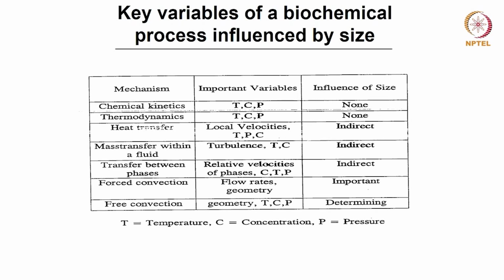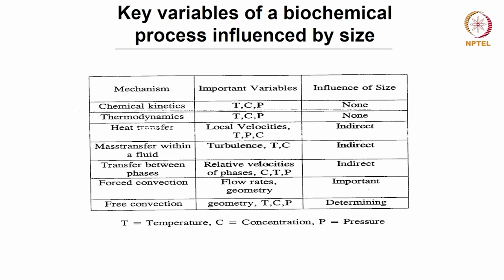They are more influenced by other physical parameters like temperature, concentration of the components, pressure, then heat transfer. This may be indirectly related to the size. Mass transfer within a fluid, where it is more influenced by the local velocities, turbulence, may be indirectly related to the size.